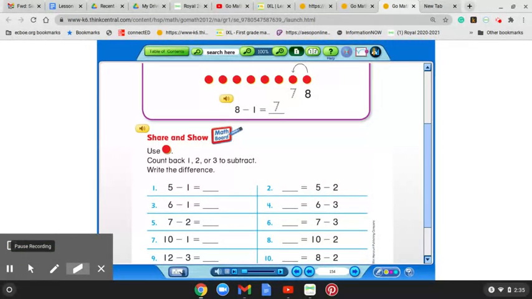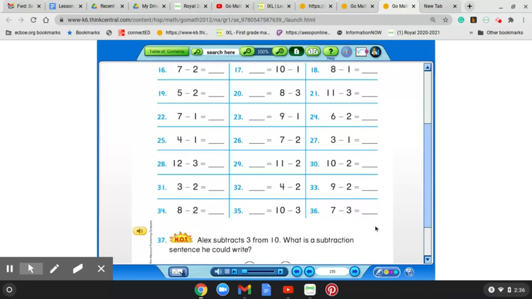Okay, for the next 36 problems, you will use the number line that I hope you just drew on your paper. You will find the bigger number and you will count back the smaller number. You will do that on this page. You will do that when you flip over to this page.